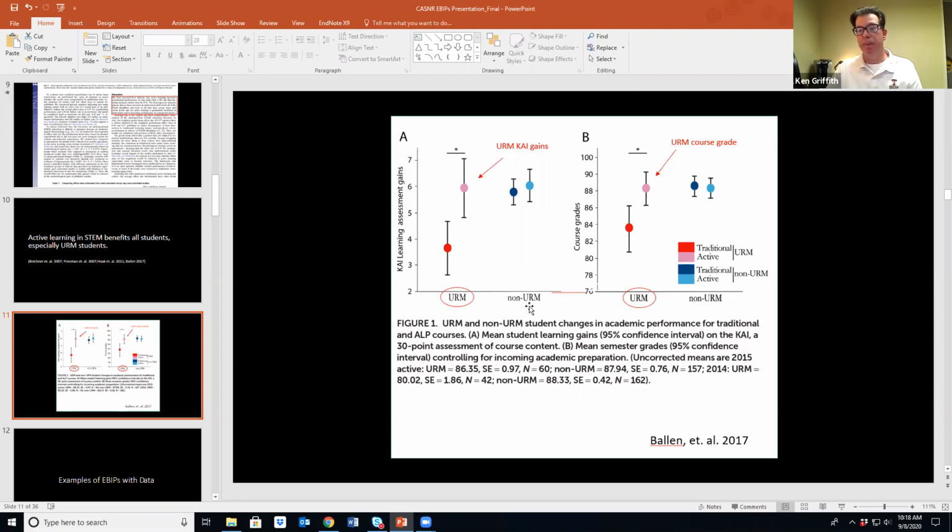So the take-home message of this is that everybody wins, but some groups win even more, if you look at it that way. And this happens to be a particular diagnostic, and this happens to be the course grade over here on this figure.